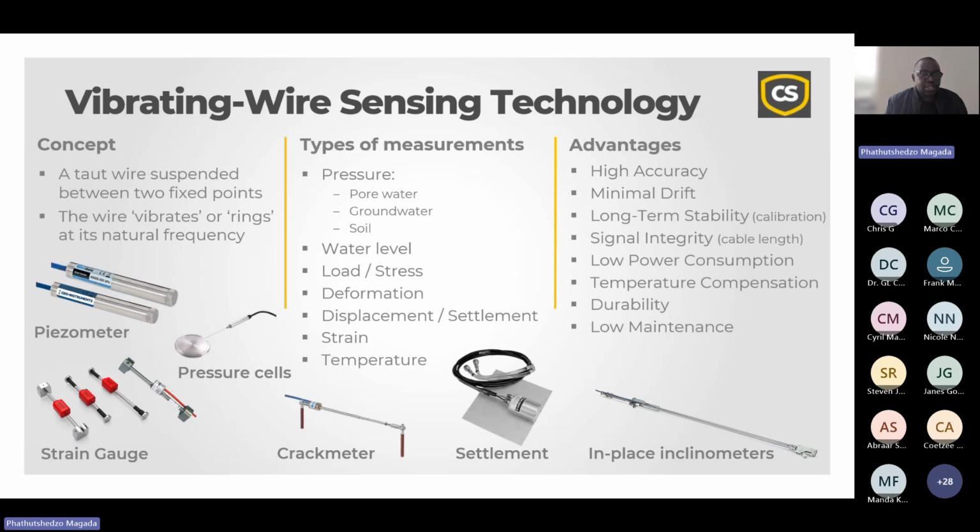We have piezometers, strain gauges, pressure cells, crack meters, settlement in place, and inclinometers. They measure, for example, piezometers will measure groundwater pressure, pore water pressures, and also water level. Others measure load, deformation, displacement, as well as strain and temperature.